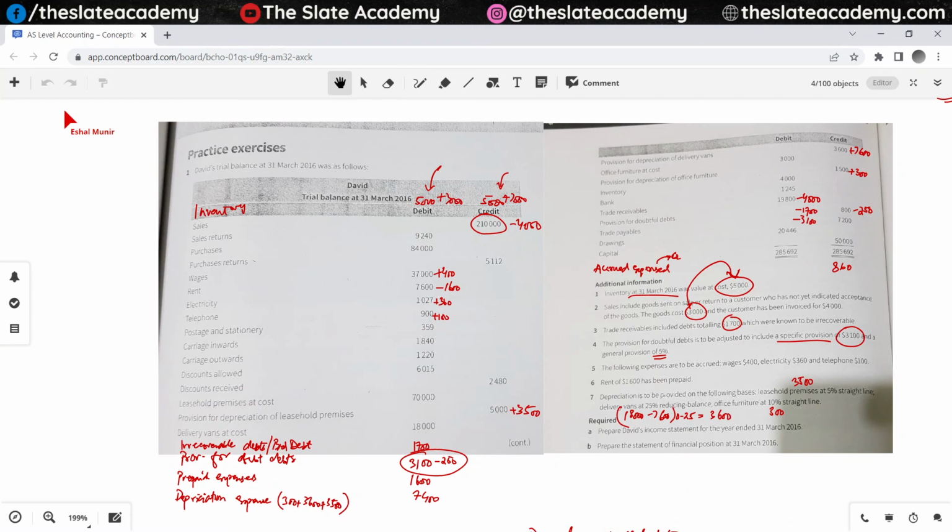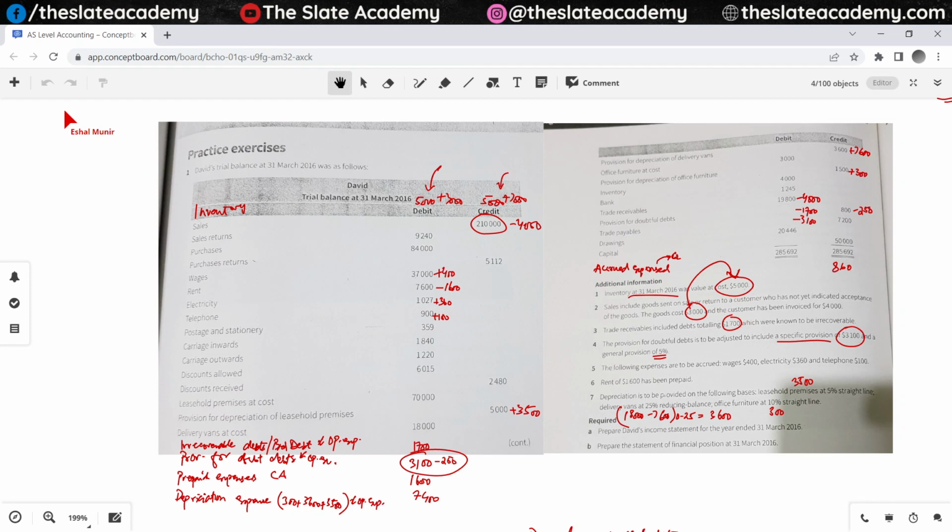This would go in your operating expenses in the income statement. This provision for doubtful debt, this is also the increase in provision, so this would also go in the operating expenses. Prepaid expenses, I've told you, these are your current assets, they would be shown in the current assets. The depreciation expense, this would also go in operating expenses.